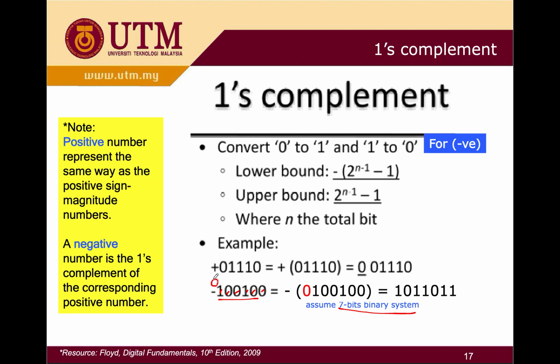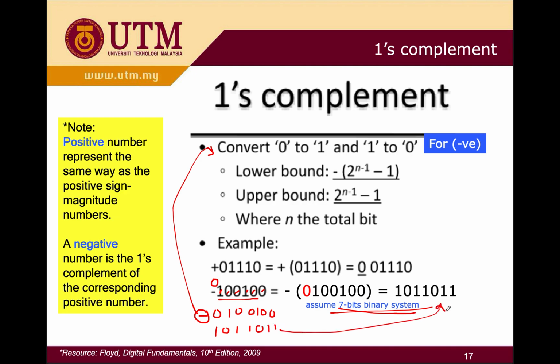So there is another 1 0 in front to complete it as the 7-bit binary system, and this is a negative number. After that, for negative, you're going to apply this. That's why you will get 1 0 1 1 0 1 1.